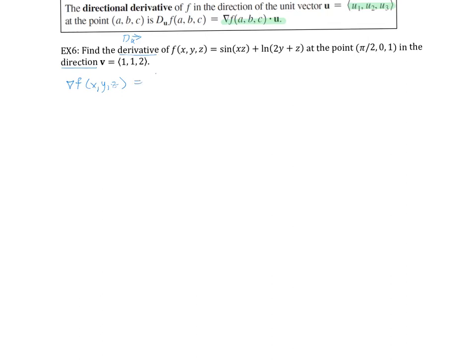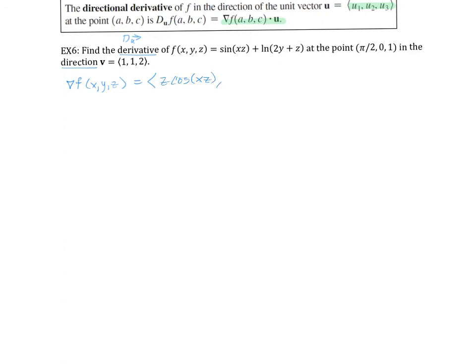The partial with respect to x. Notice the natural log of 2y plus z has no x value, so the derivative there is simply 0. The derivative of sine of xz in terms of x would be cosine of xz times the derivative of the argument with respect to x, so that's just z. This ends up being z cosine of xz.